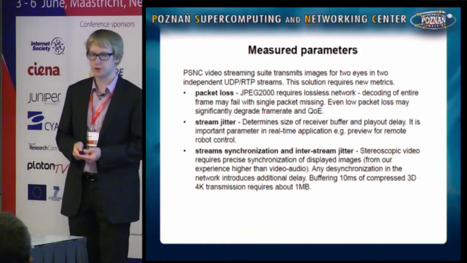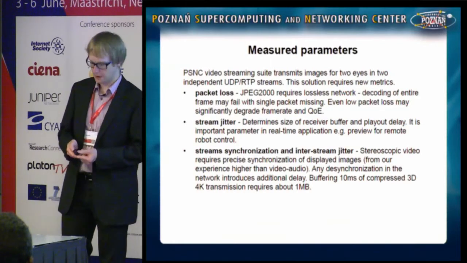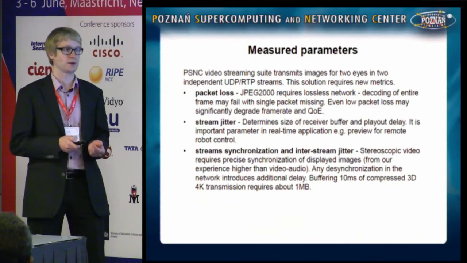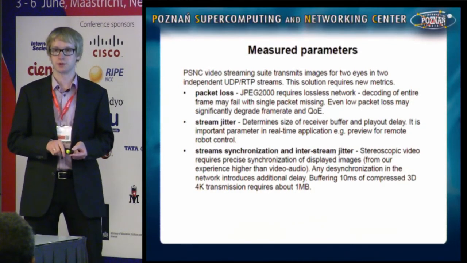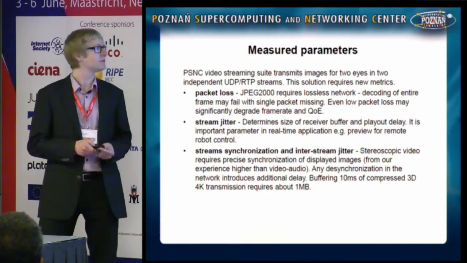If you have bigger jitter, you need a bigger buffer, and a bigger buffer introduces additional delay. And in the robotic arm use case, for example, it's 20 milliseconds of delay from Poznań to here, and each millisecond is important.